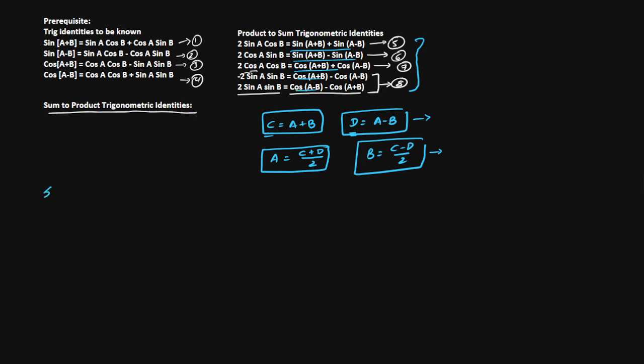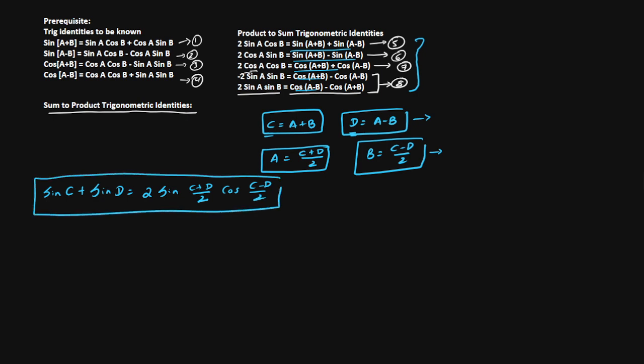For equation number 5, we are looking at sin C plus sin D equals 2 sin C plus D by 2 cos C minus D by 2. This is a new identity that we arrived at just now.